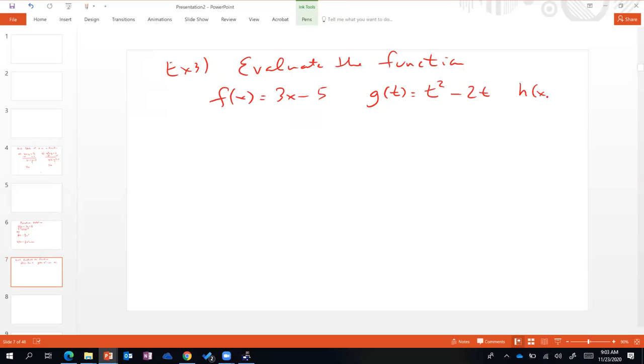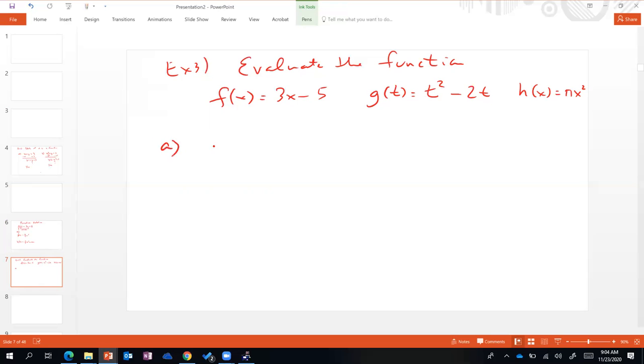And h of x, give it a little funky one here. How about pi x squared? Ooh, pi x squared. Pi r squared. Ever heard of pi r squared before? This is pi x squared. So this h is really technically just area of a circle anyways, right? Different variable, still the same.